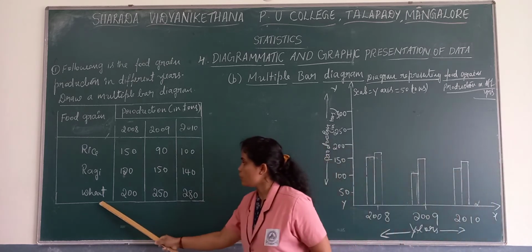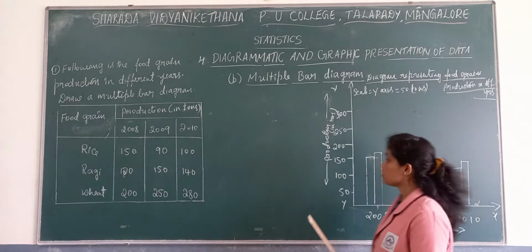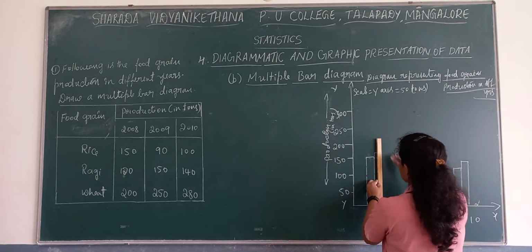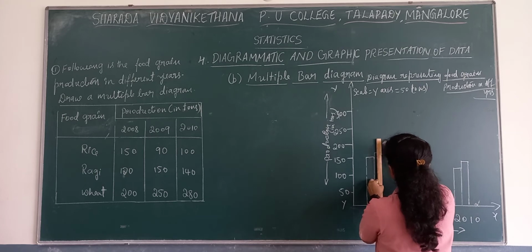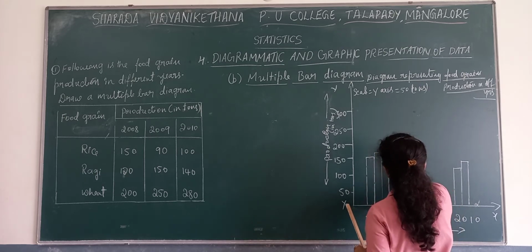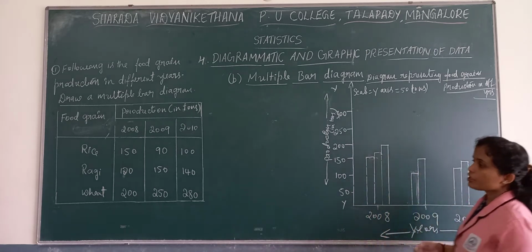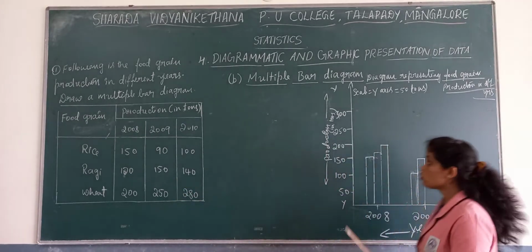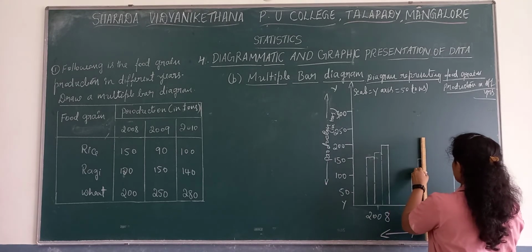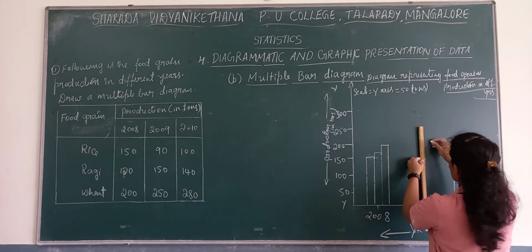Then the last one, wheat. In 2008 it is 200.